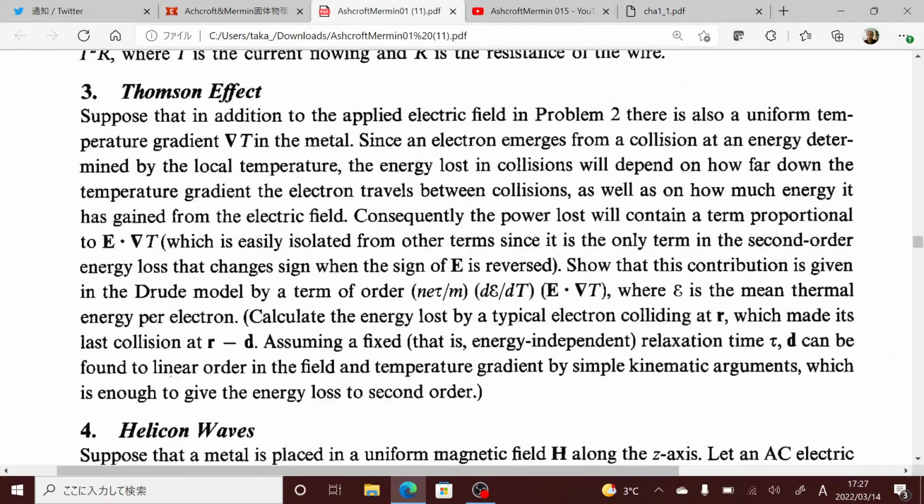Let's see the question. Which is easily isolated, the power lost will contain a term proportional to E dot nabla T. Very interesting.